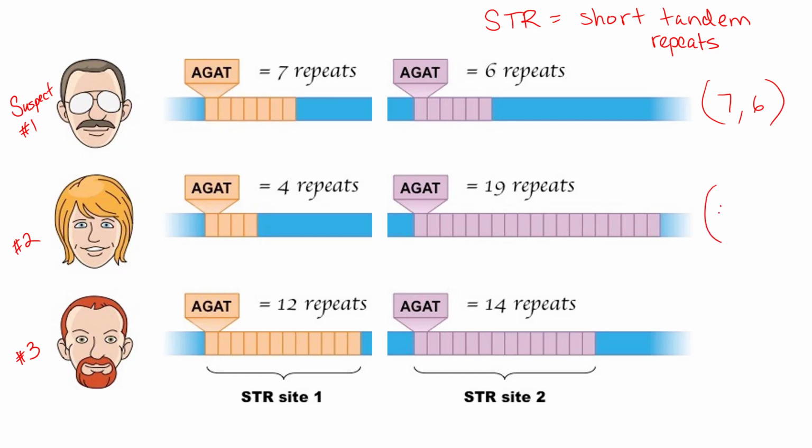Suspect 2 would have 4 repeats on one chromosome and 19 on the other. And suspect 3 would have 12 repeats on one chromosome and 14 on the other. So we can already tell they have a very different genetic profile for just this one particular STR loci. So in the video, we learned that the next thing you'd want to do would be to do PCR.